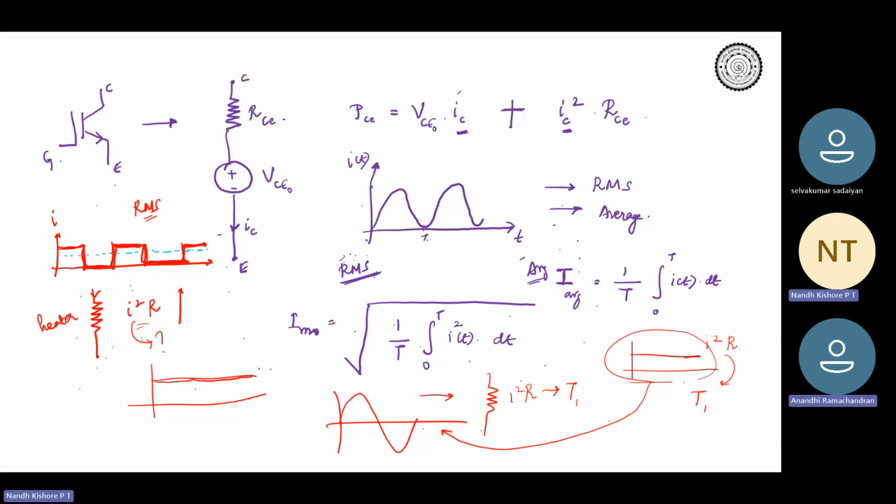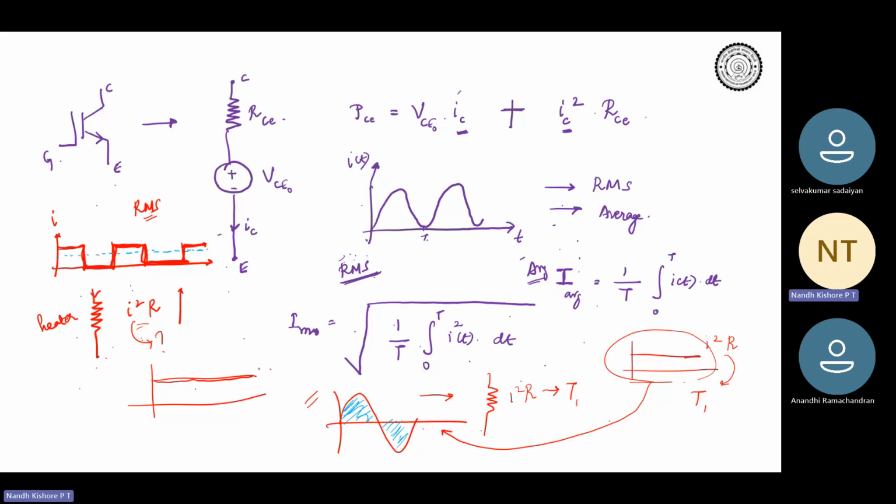Why did RMS come in again? So let's say you have a sine wave like this, and you pass it through any resistor. What will happen after some time? The resistor gets heated up. Now you see that the average value of the sine wave is 0, right? Positive area is equal to negative area. But after you pass this kind of current for some time, the resistor is getting heated up.